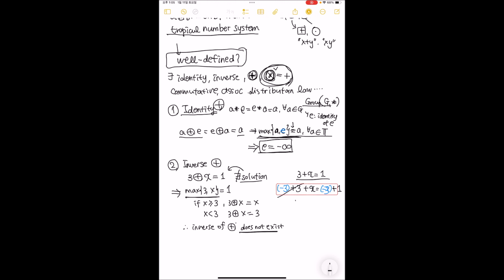This gives 0, and 0 means the identity of the usual sum. So we can obtain the solution.